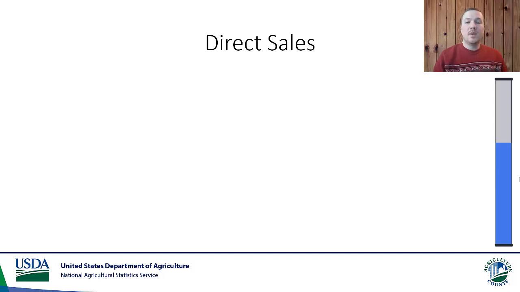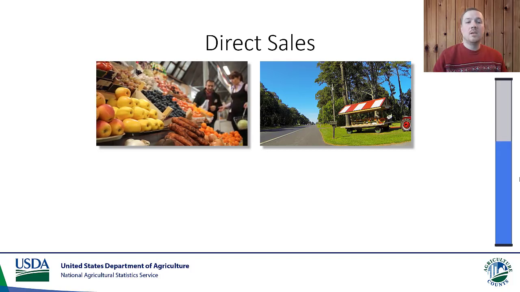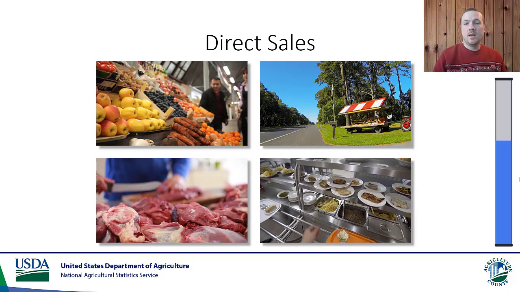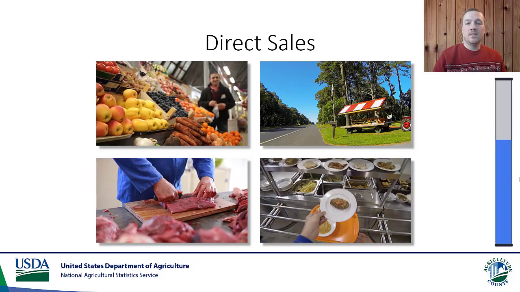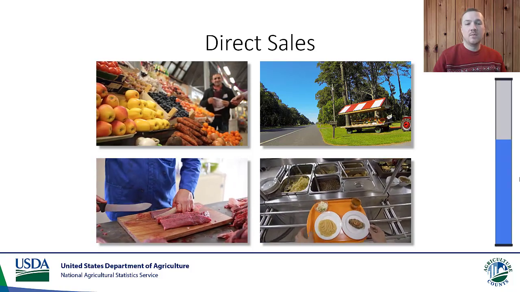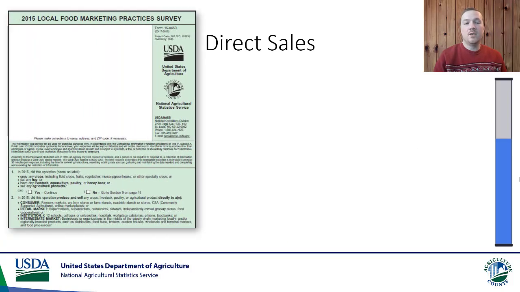These questions ask about commodities sold directly to consumers, such as at farmers markets, farm stores, and community-supported agriculture arrangements, or to intermediary supply chains, such as retail outlets and regional distributors, who then sell directly to individuals or to institutions like hospitals and schools. These criteria are also used to qualify operations for the Local Food Marketing Practices Survey, which NASS conducts every 5 years as a follow-on to the Census of Agriculture.